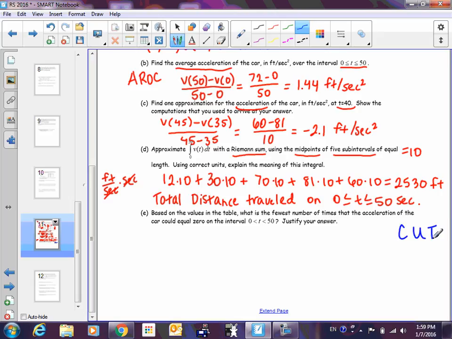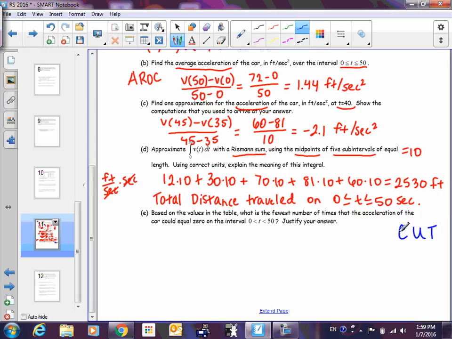Units. You got to have correct units if you're going to interpret a meaning. Total, not total. Traveled. Keep going. Time. You have to relate it back to the time that they said, because this car didn't travel this distance forever. It was just during this specific time. So context, units, time. Some people like this. Some people don't really need that. It's going to be something I mention a lot more getting closer to the AP test.